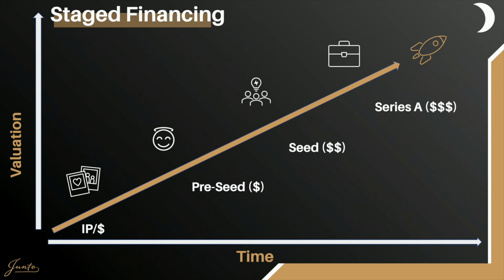And so let's take a look at stage financing by looking at a quick chart. We're going to think about the ideal startup business in a bunch of stages and look at some key players. As time goes on to the right, the valuation is going to go up on the left side, and you're going to see a line that goes right to the moon, right?